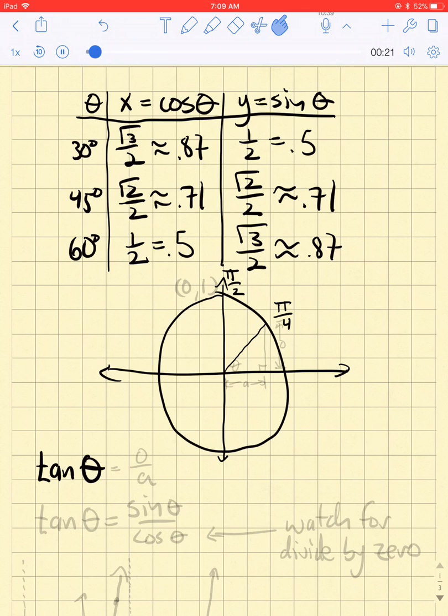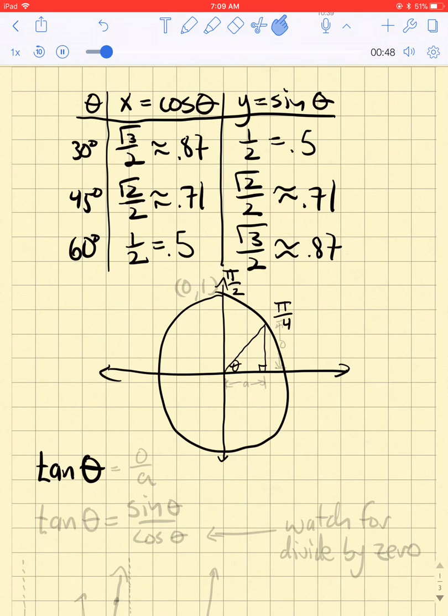Right? Which will be the y value, and this length here would be the adjacent, right? But today we also want to define tangent using the sine and cosine functions.